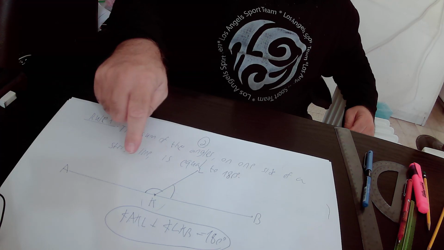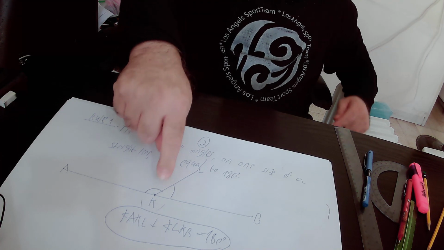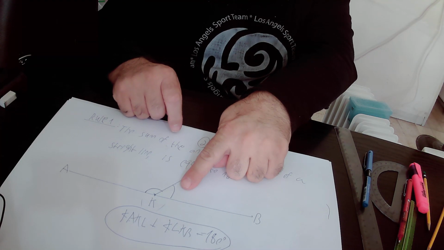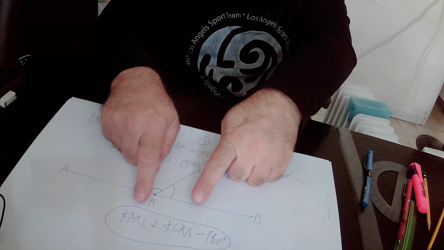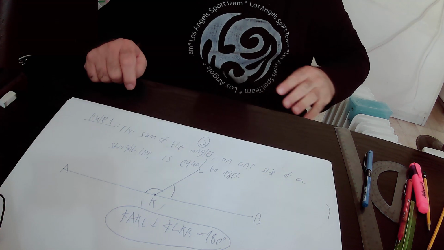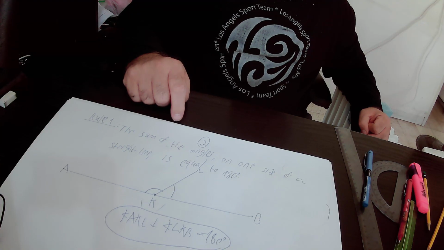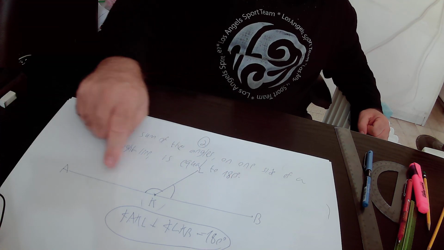That is to say, the sum of those two angles, angle AKL plus angle LKB, must be equal to 180 degrees. The same thing is true if we relate to the lower side of the straight line AB.